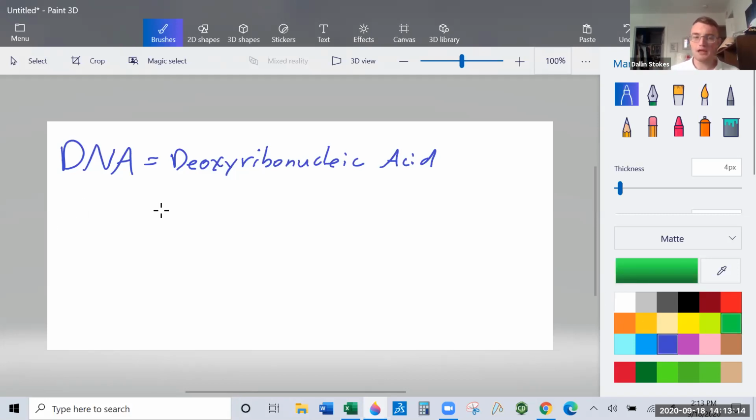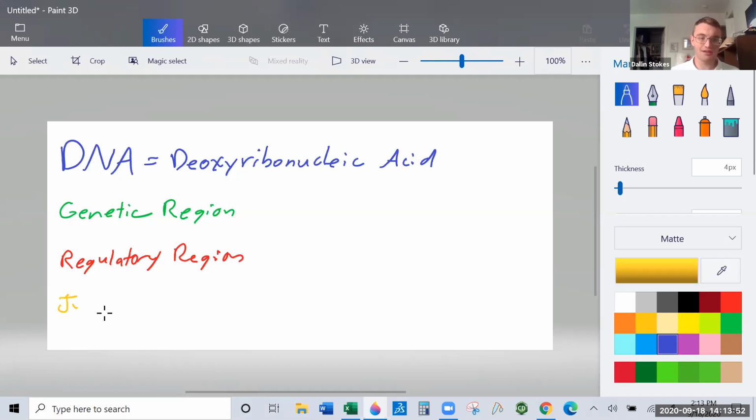The 3 major areas here are called the genetic region, the regulatory region, and the junk region. And legit, that's the scientific name for it. It's called the junk region.